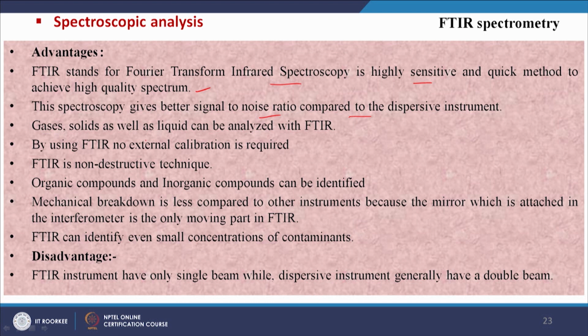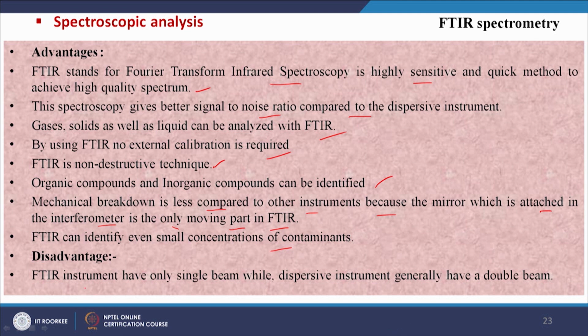Gases, solids as well as liquids can be analyzed by FTIR, no external calibration is required, and FTIR is a non-destructive technique. Organic and inorganic compounds can be identified, and mechanical breakdown is less compared to other instruments, because the mirror attached in the interferometer is the only moving part in FTIR. FTIR can identify even small concentrations of contaminants.